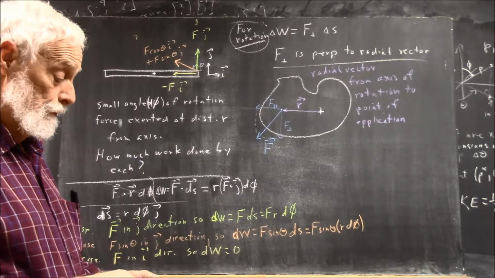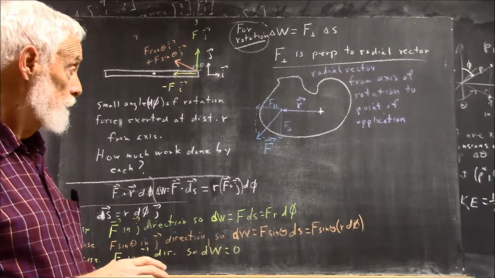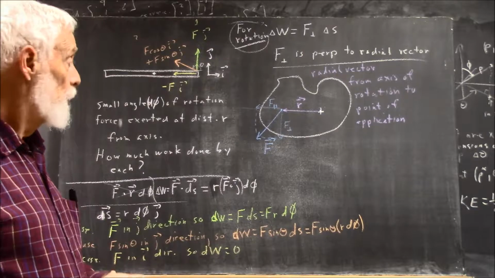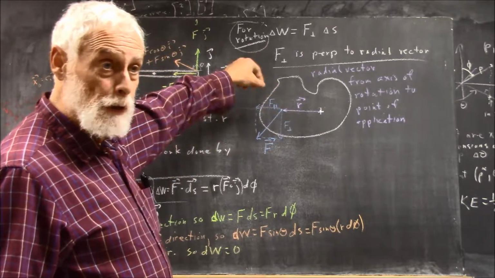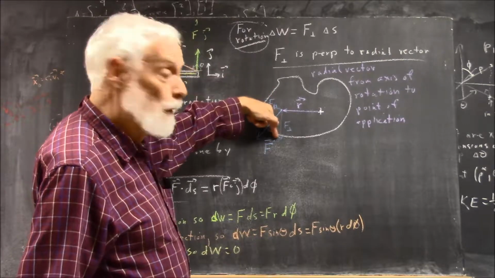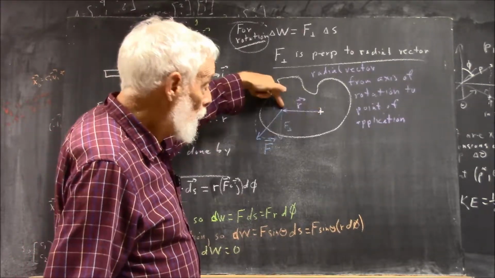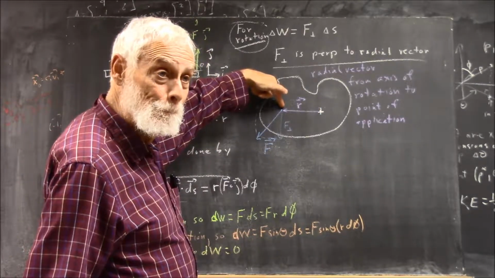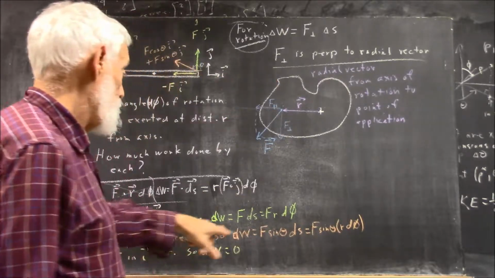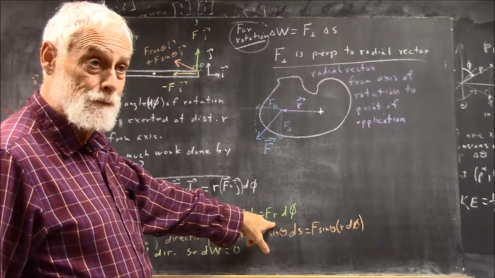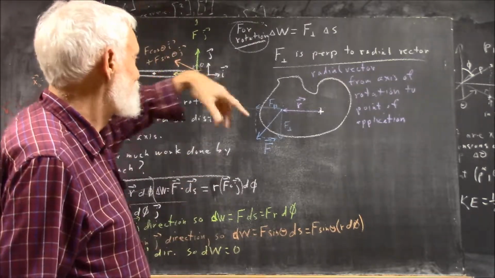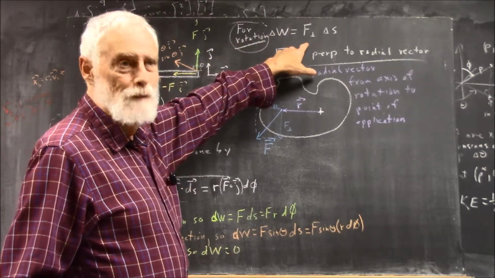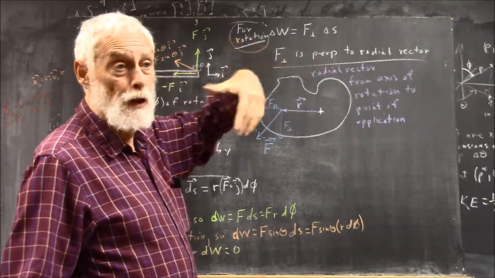Okay? And the work done, if you go through a small angle d phi, is just going to be F perpendicular times R d phi, right? In other words, same thing I wrote here. Your delta S is your R d phi, right?